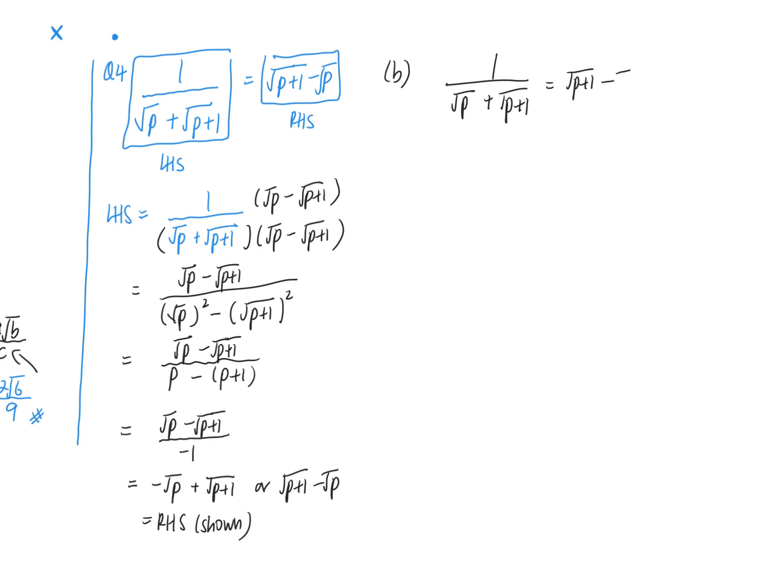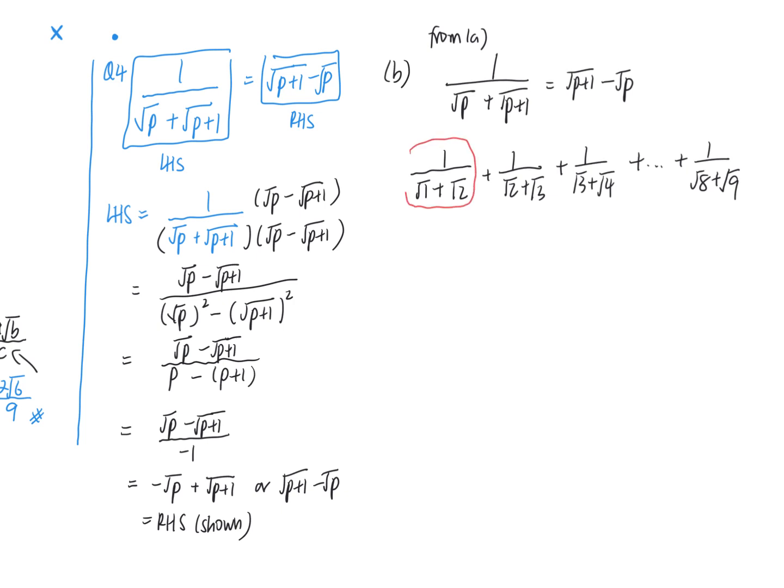Okay, this is from part A. From A, I want to use my result from part A to deduce this. I don't know what the question wants, but I know they want me to use this and link it to this.